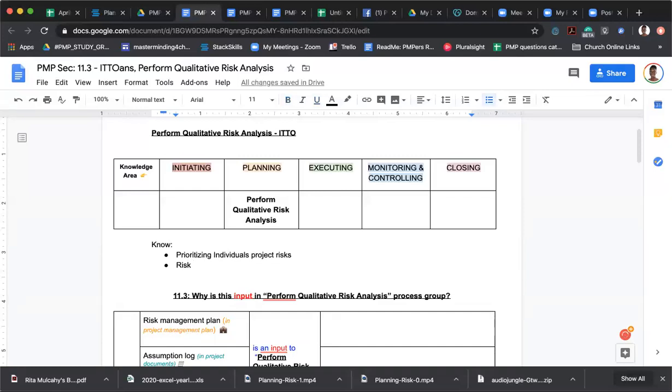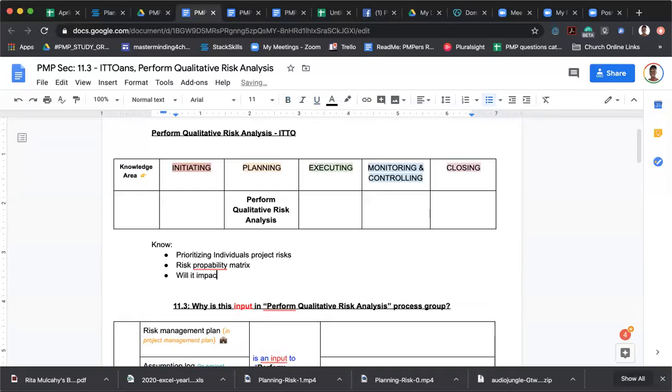You want to know the extent, the kind of impact it's going to make on your project or your deliverables, whether it's impacting just one specific process or the entire process group in any sort of way, shape or form. Or whether it's stakeholders, the market, what could it be?